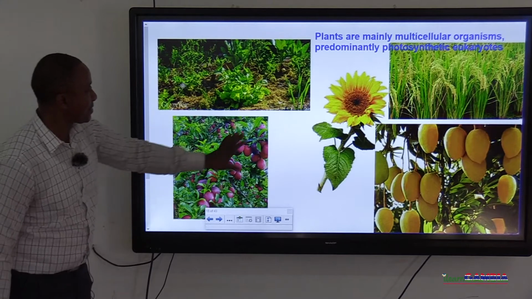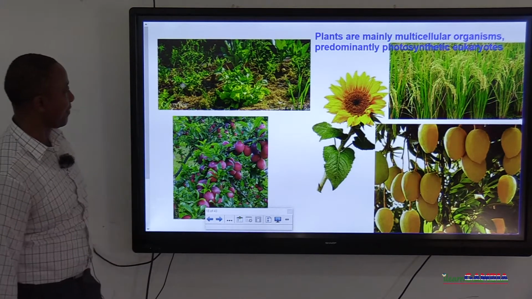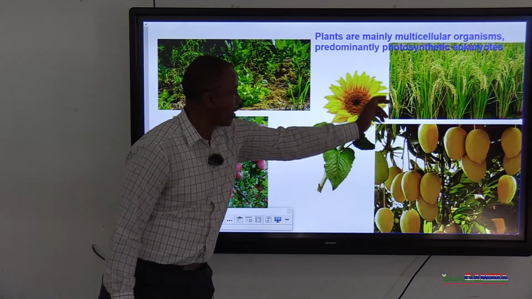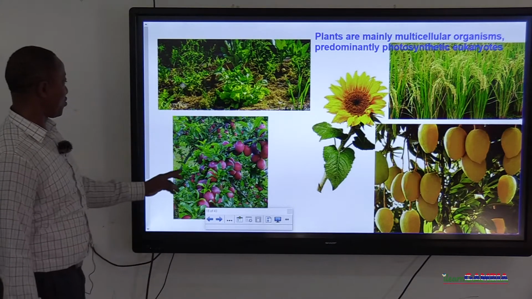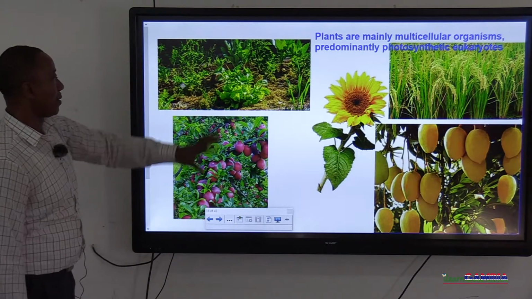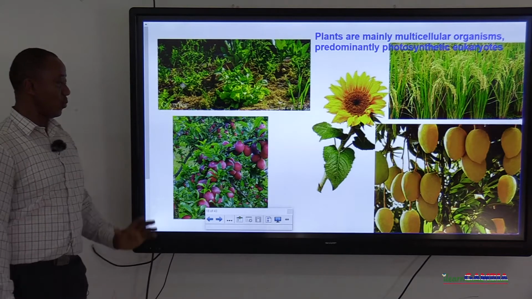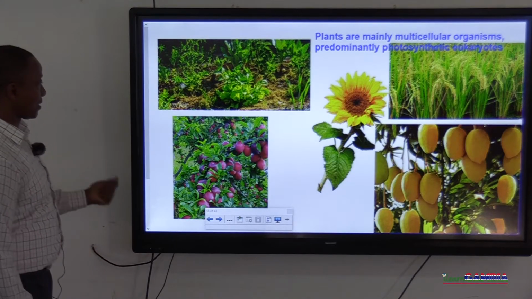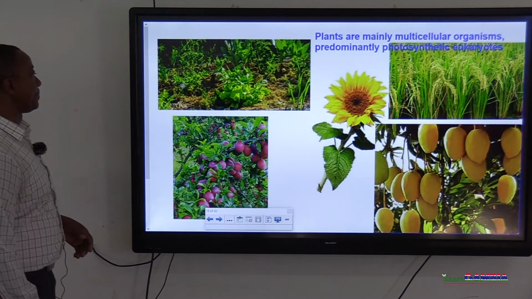So different plants, there are some that are familiar, the sunflower, the rice, the mango. I'm not so sure about these two, but they are all plants. So again, we'll try to look at more when we get to the plant kingdom.